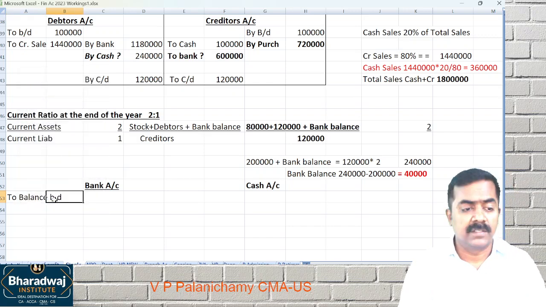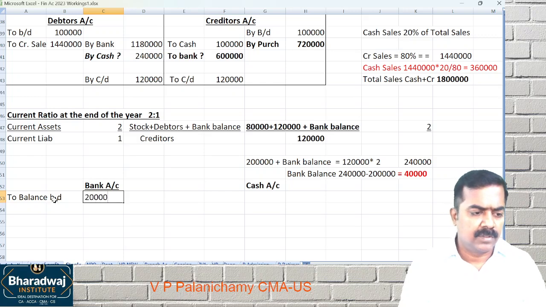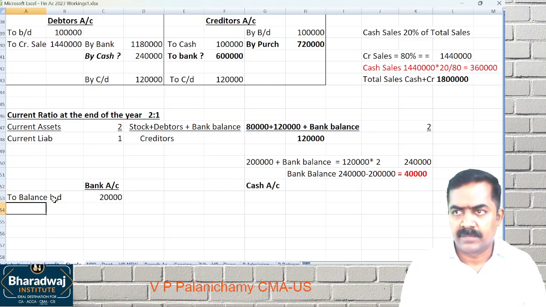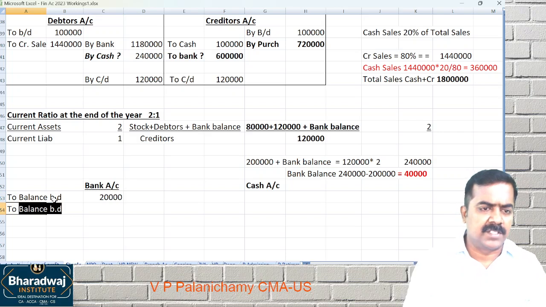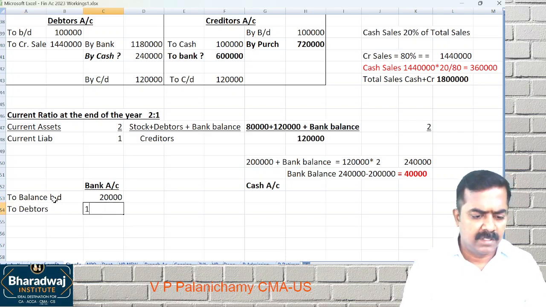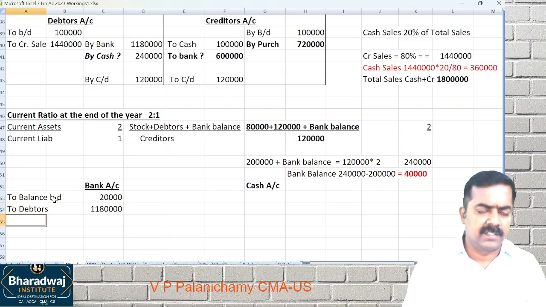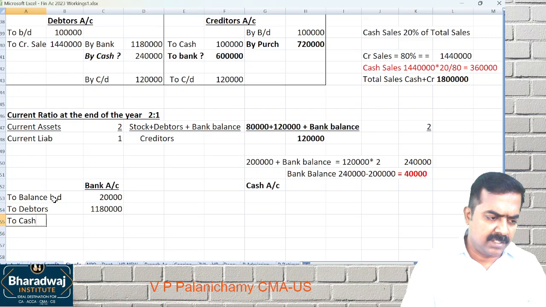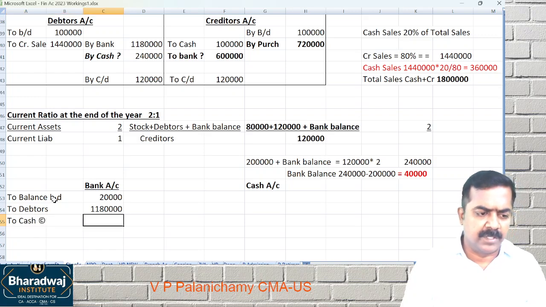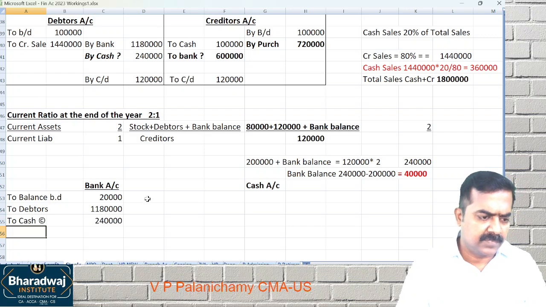Opening balance எவ்வளவு இருக்குங்க? 20,000 bank balance. From bank collections என்ன இருக்கு? Debtors collected 11,80,000. To cash, அந்த contra எவ்வளவு deposit பண்ணிருக்கோம் bank-ல? 2,40,000.